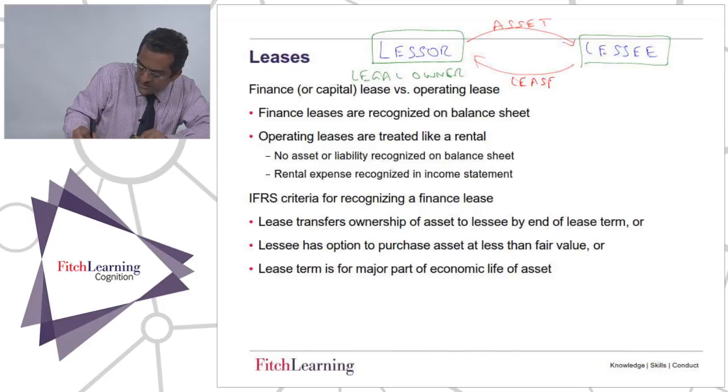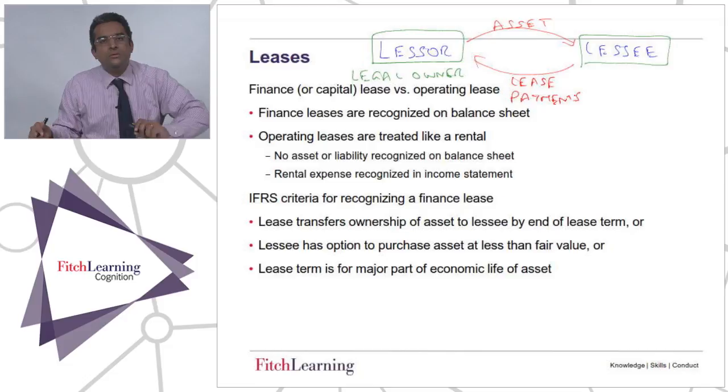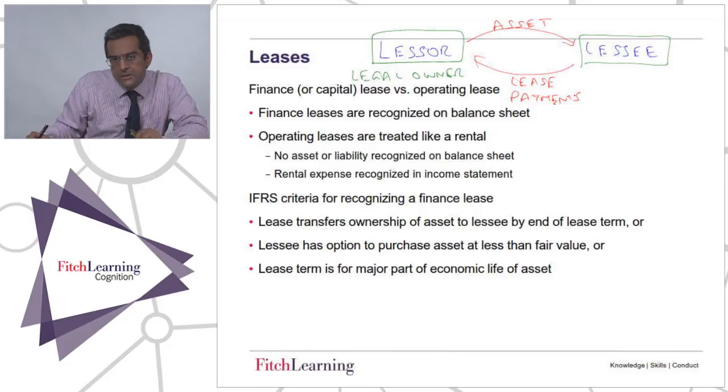Now, lease payments essentially are a type of annuity, equal, regular amounts. The question is, how does the lessee, and of course also the lessor, account for this transaction?